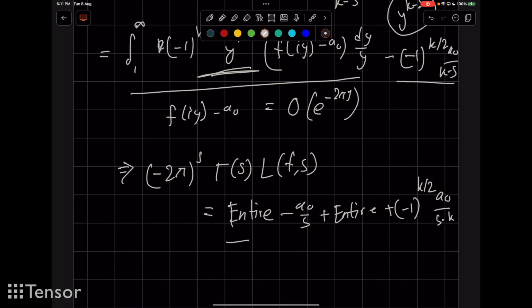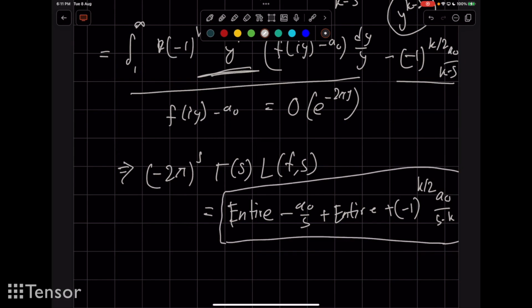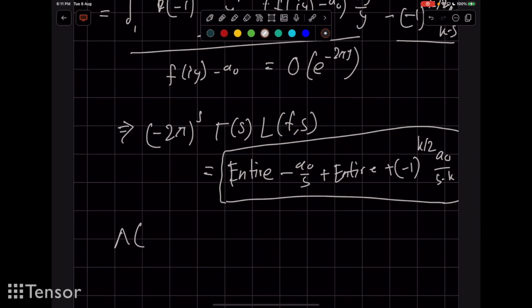Now looking at this function, we can therefore say that the completed L function lambda of f comma s is almost entire, right? Because it's the sum of two entire functions.